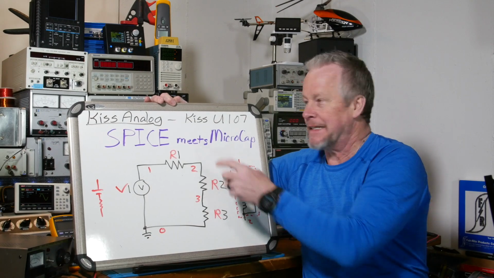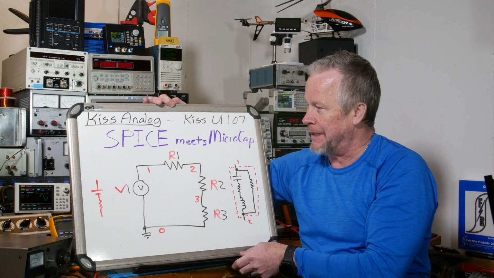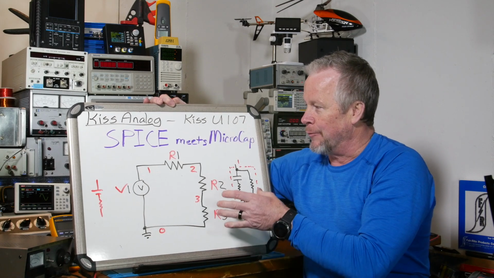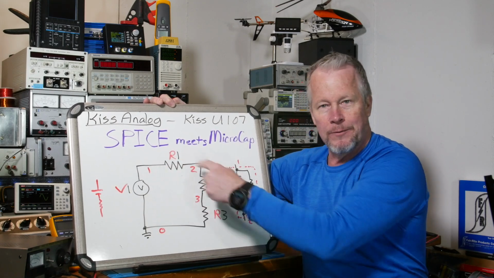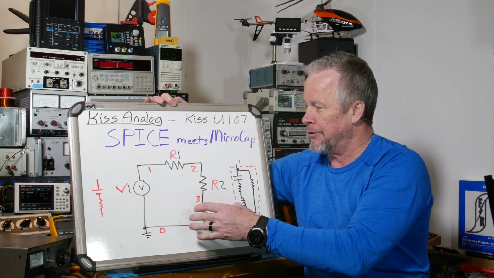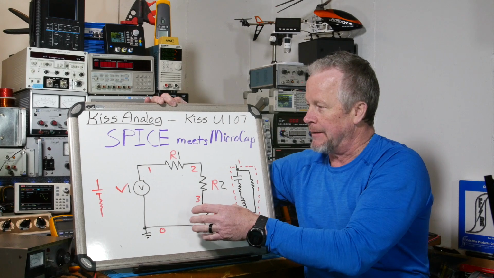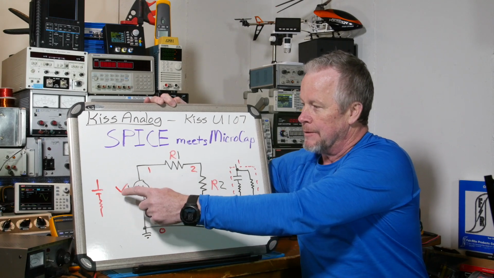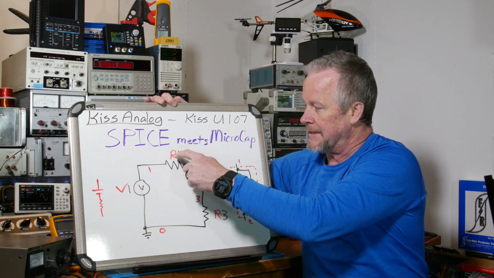Alright guys, so you can see I changed the number to Kiss U107. Now, what I want to do is explain, we're going to do this circuit in MicroCap. And I just want to show you a few things about this. What I did is I have the V and the R's in red.